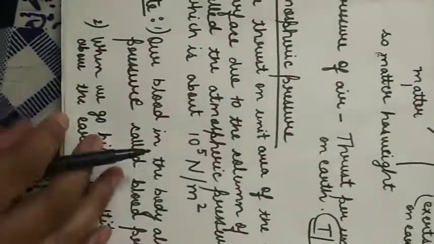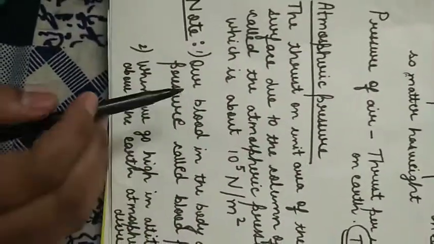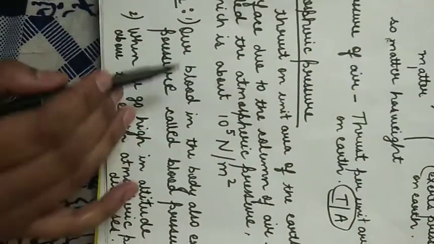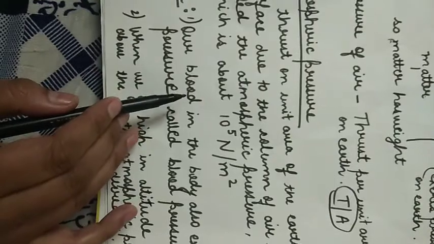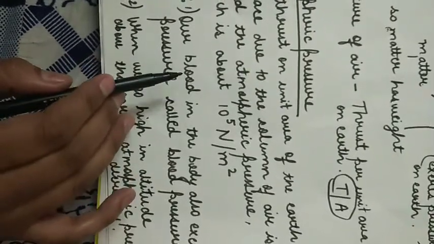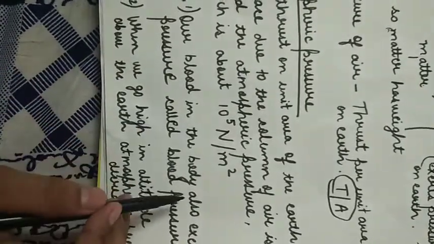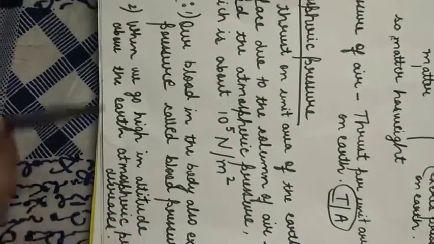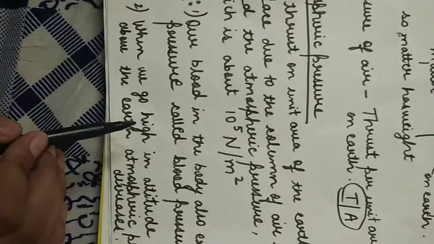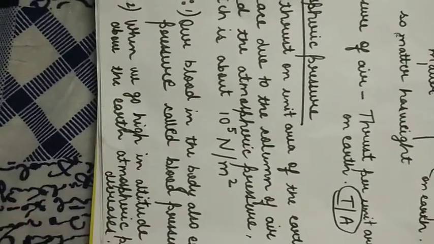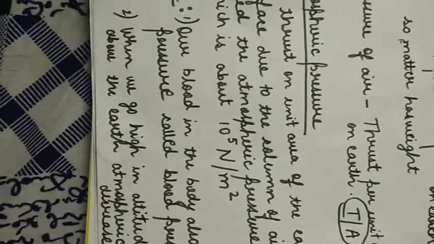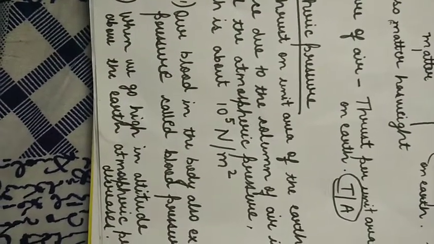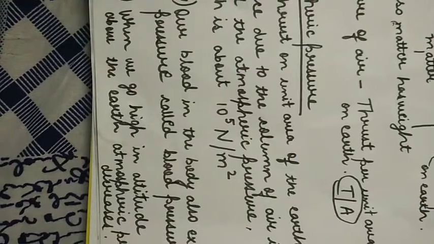Students, we have to note two things. Our blood comes under the category of liquid, so blood also exerts pressure, which is called blood pressure. And whenever we go high in altitude, that is, whenever we go to mountainous areas, the atmospheric pressure is less in that area.